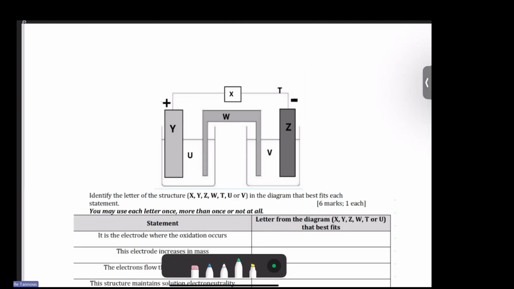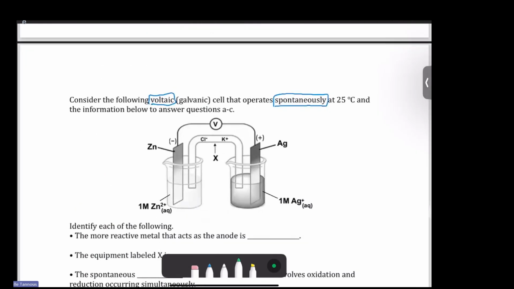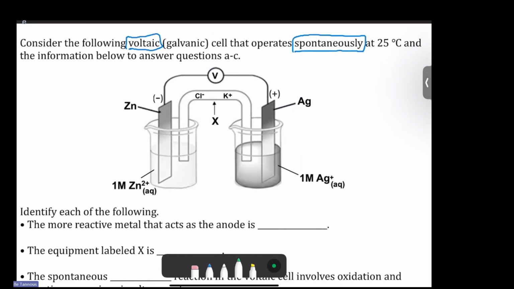Okay, I'm going to explain it over here. In a voltaic cell, the cathode is the positive, the anode is the negative. On the cathode, there's always a reduction taking place where the ions in the solution gain electrons to convert to solid.